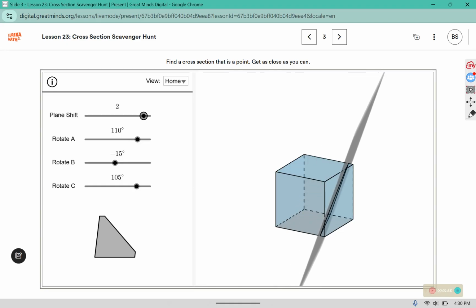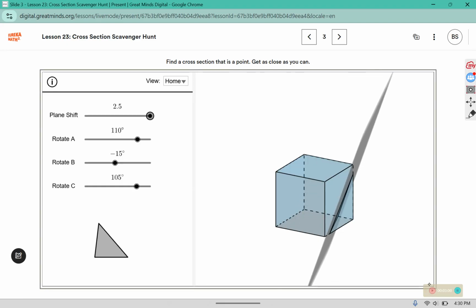You can see that as we shift farther and farther out, we would get closer to one of these corners. But it says get as close as you can, and since it won't let us shift our plane any further, that's as far as we can go.